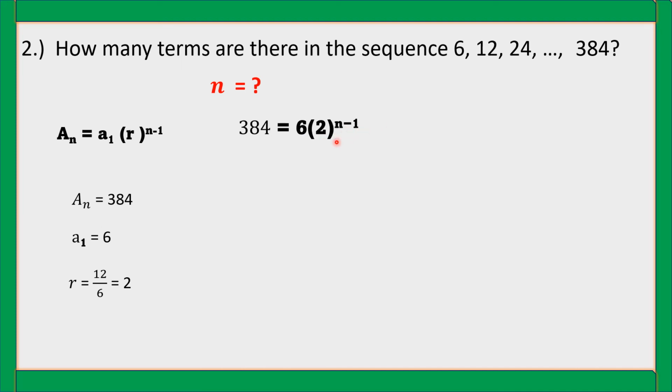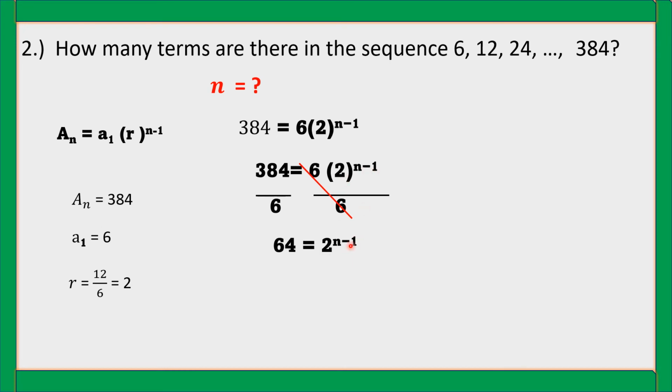Okay, and then, para masolve natin yung value ni n, kailangan nating i-divide both sides muna by 6. So, dito sa left side ng equation or ng equal sign, divide by 6 din sa right side. So, cancelled out 6. And then, 384 divided by 6, the answer is 64. And then, copy lang natin yung 2 raised to n minus 1.